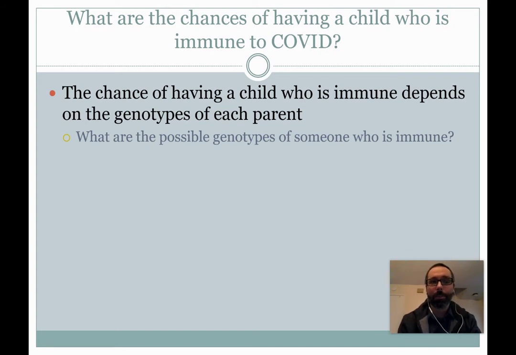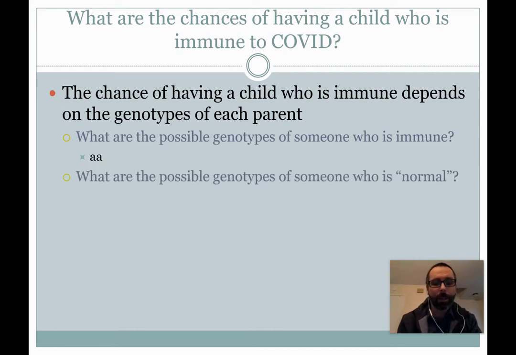So two big A's, two little a's, a big A and a little a, which one would it be? And of course, immune means you are recessive. Hopefully you remember that, which means that you have two little a's. You have two genes that don't make the right shape to match the COVID virus, and that means the virus can't infect you. Now, I mentioned in the last video that recessive individuals are a lot easier because you know which genotype they have to be.